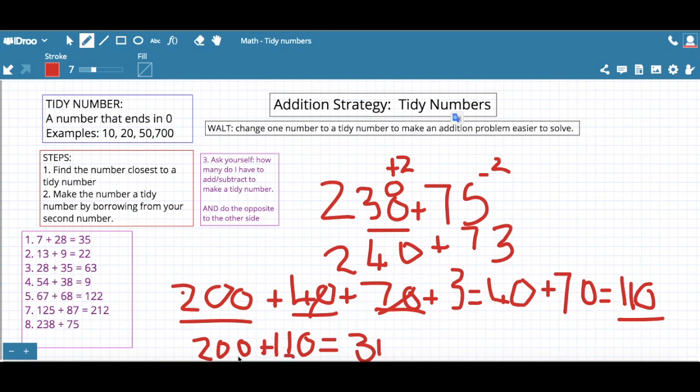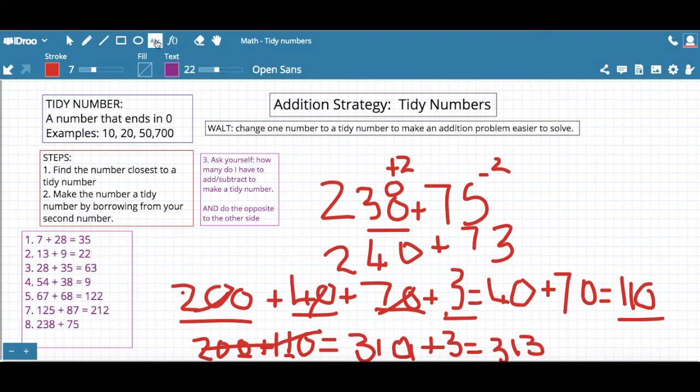And then we add our ones, we've got both zeros, so we add a 0 here. Now we've got 310, and now our last step, so I'll cross this all out, is to add our 3. So plus 3. That gives us 313. Okay, so our last answer is 313.